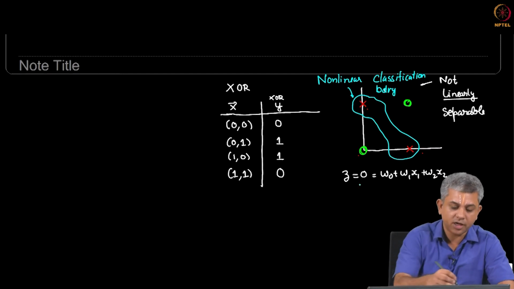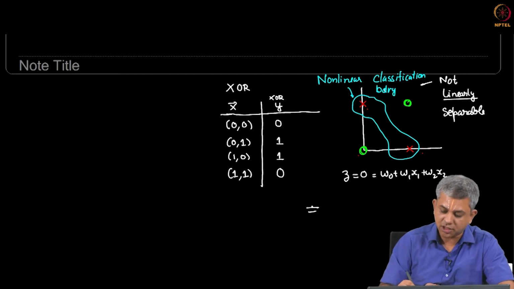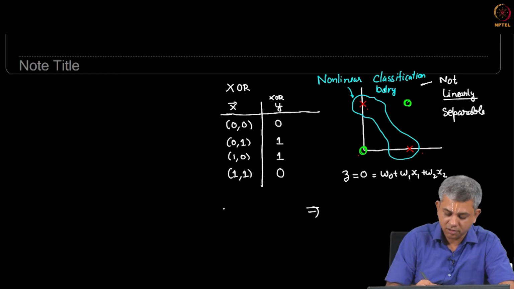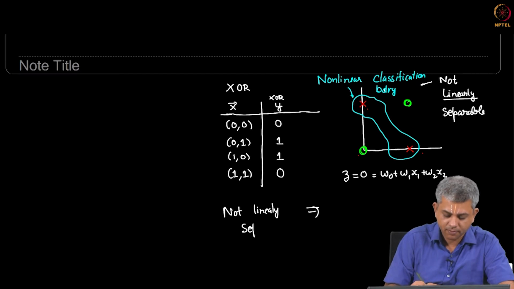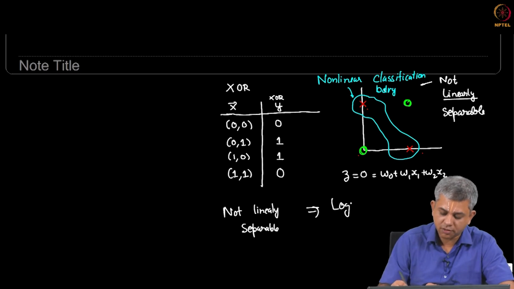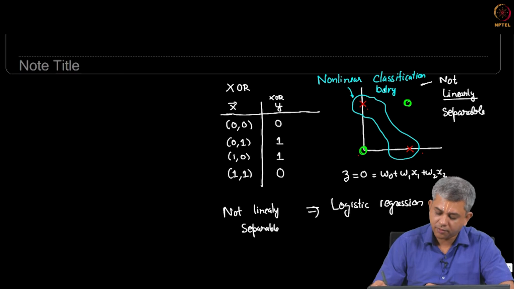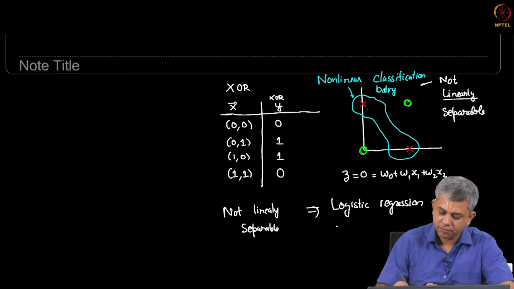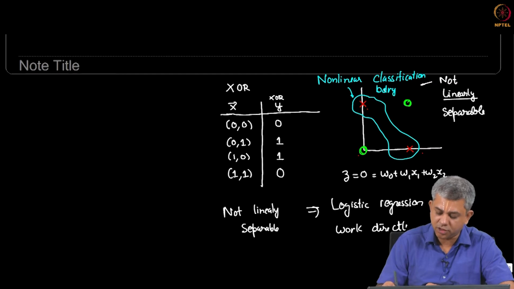So, this is fundamentally the problem, which means since this is not linearly separable, you cannot use logistic regression in order to separate these two classes.